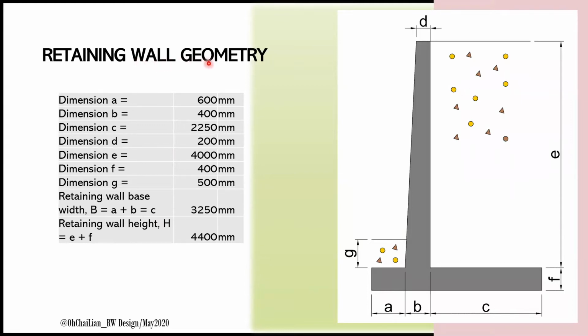Also provided is the geometry of the retaining wall, dimensions A, B, C, D, E, F, G, and the width and the height of the wall.